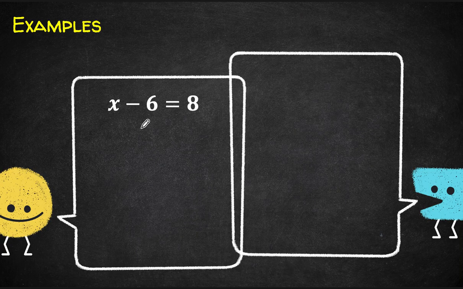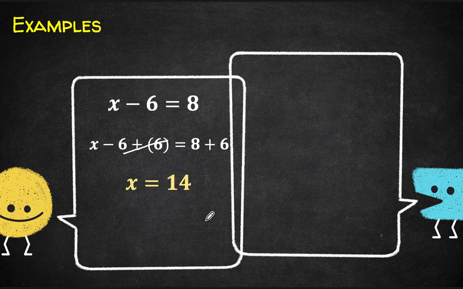We have here negative 6, so just get the opposite, which is positive 6. We're going to add its opposite on both sides of the equation. Negative 6 plus 6 is 0. Therefore, the final answer is x equals 14.